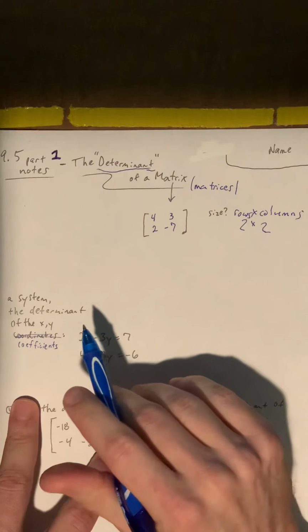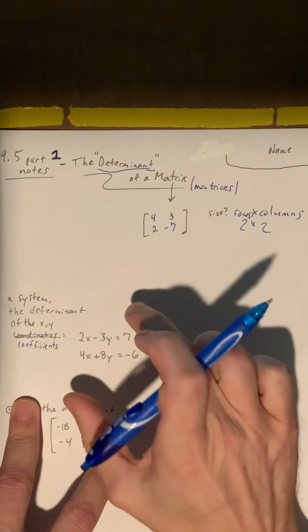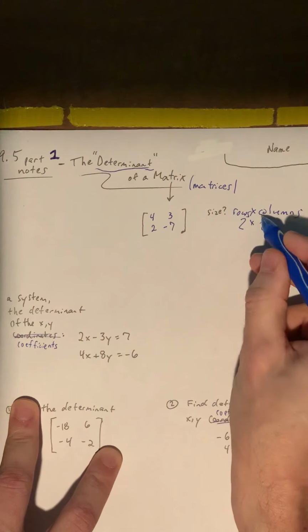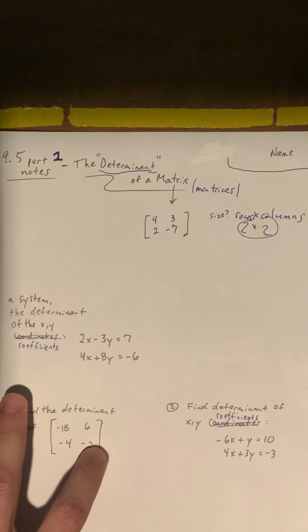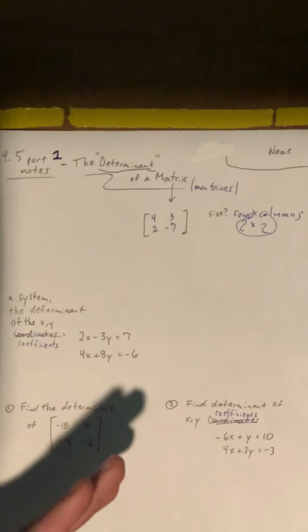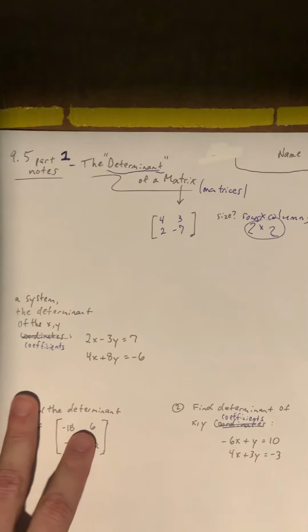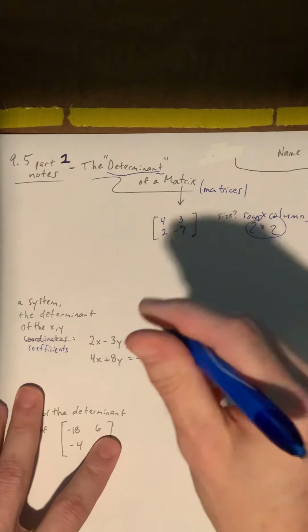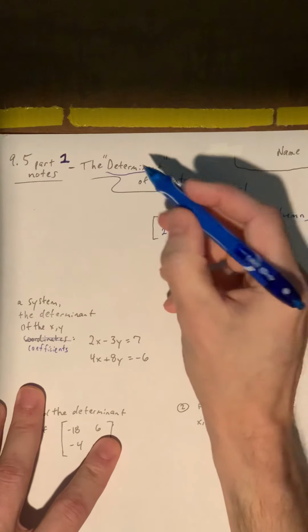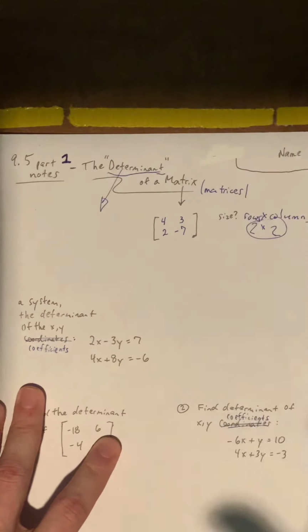Now, all of our matrices that we deal with in parts 1 and 2 are going to be 2 by 2 matrices, okay? Because that will be the size we need to solve the type of math problem we do in part 2. Okay, now, here is the formula we're going to use to find what we call the determinant of a 2 by 2 matrix.